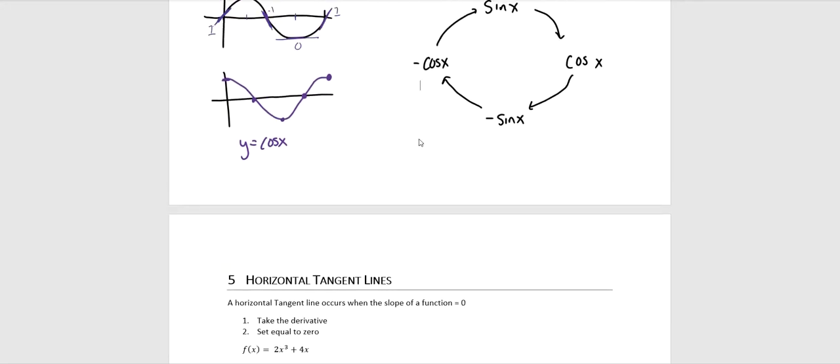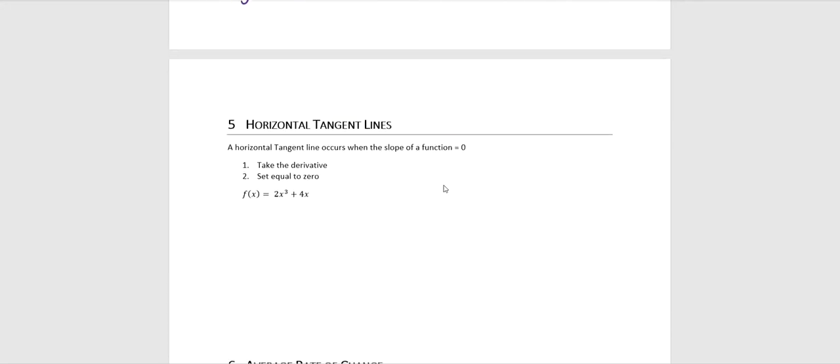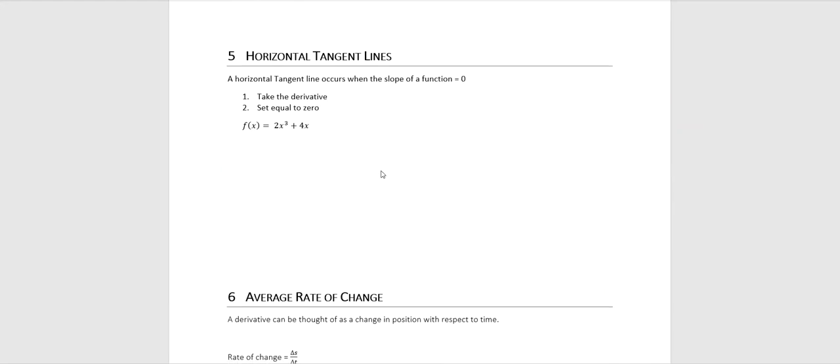All right, so we're going to use this fact. We're going to come back to that. Check this out. Horizontal tangent lines. So we know that tangent lines always are going to use the derivative, because the derivative is the slope of the tangent line.